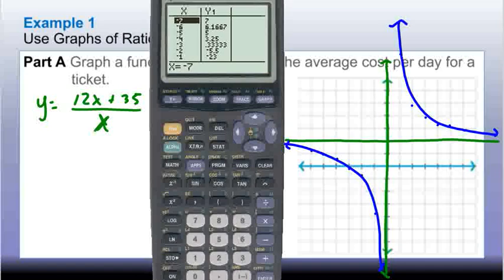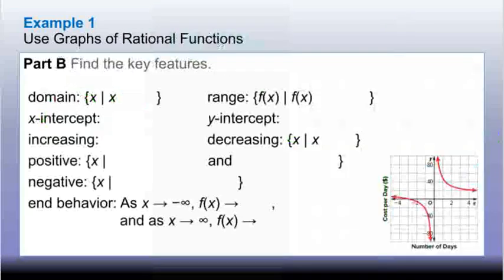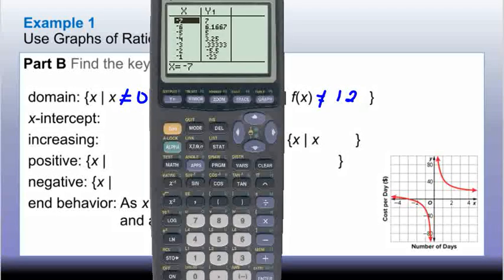There's our graph. So our next parts, find the key features. The domain: x is all real numbers except it can't equal 0. The range: f of x is all real numbers except it cannot equal 12. The x-intercept, where is it across the x-axis?